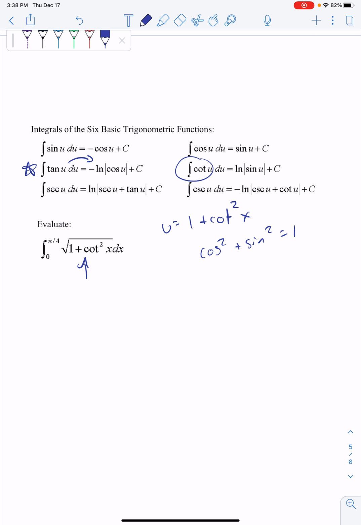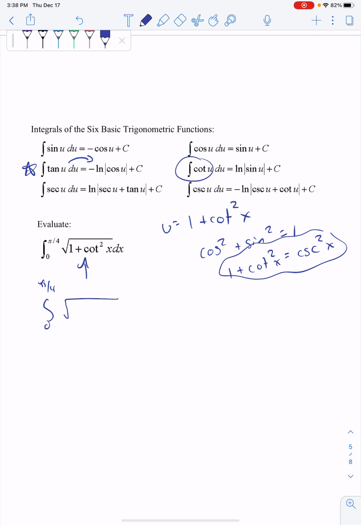We also had one that we used last semester: 1 plus the cotangent squared of x is equal to the cosecant squared of x. So this is the one I'm interested in, because rather than 1 plus cotangent, I'd much rather just work with cosecant. So I'm going to rewrite this as the integral from 0 to pi fourths of the square root of the cosecant squared of x.